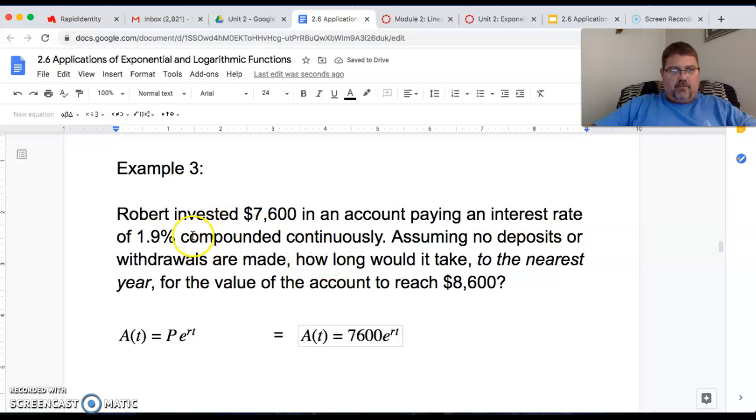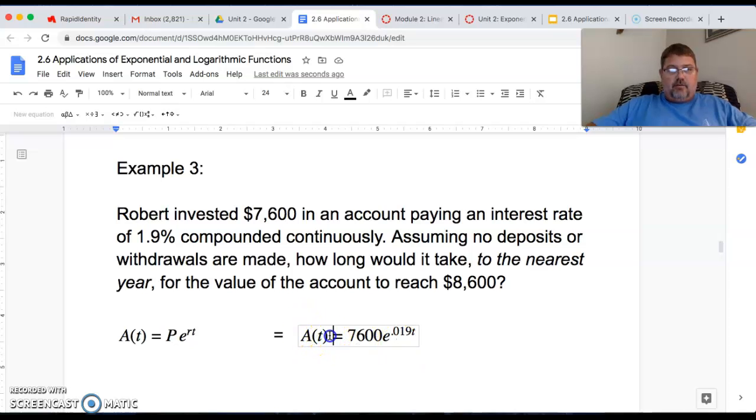All right, what's the rate? 1.9, so that needs to go here. Up here at R, it needs to become 0.019 to the t power. And there's your equation set up.